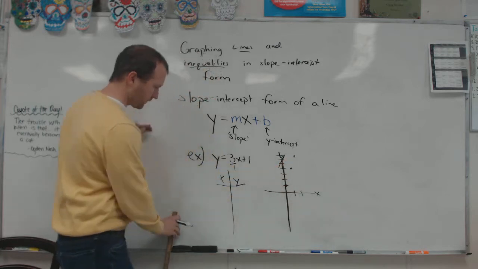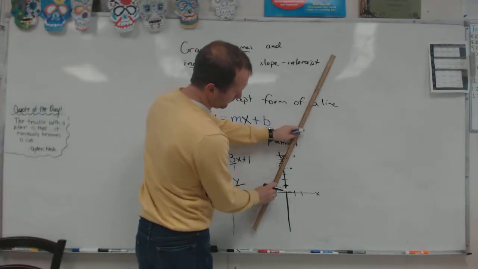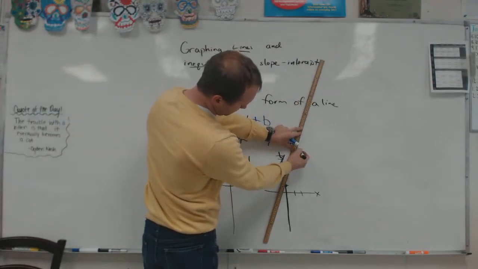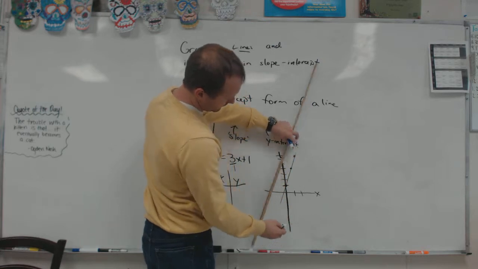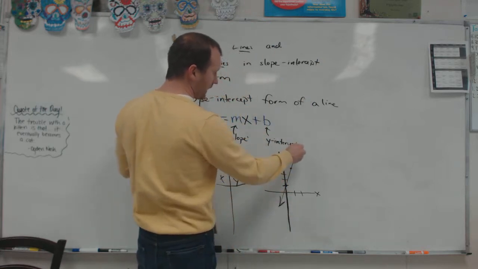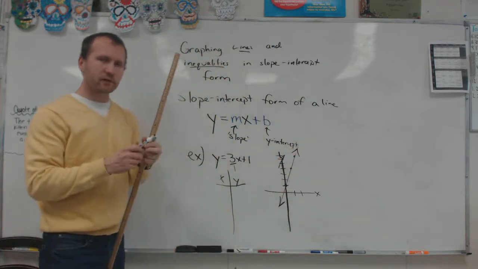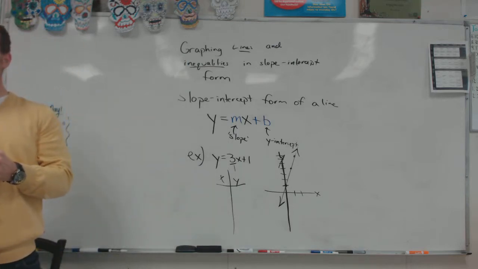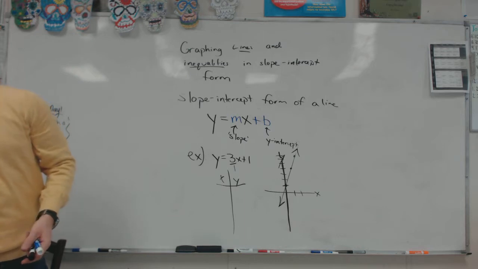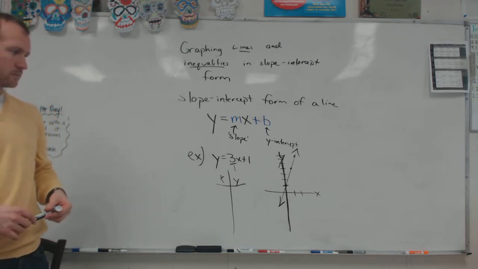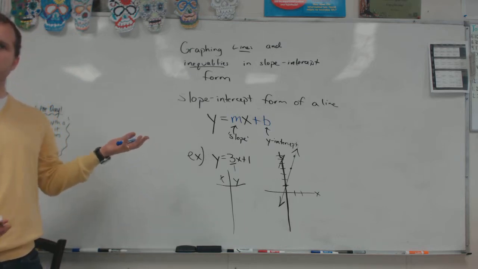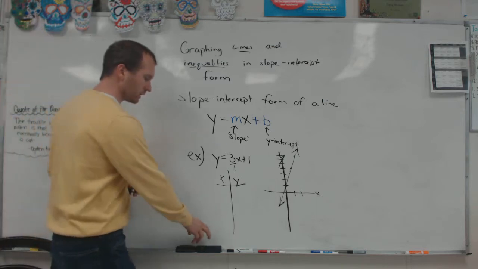We're going to have our graph by connecting those 3 points. And then remember, all lines go on forever. We're not going to spend forever graphing them, so we draw arrows on each side. So that's review, right? You guys remember how to do this.